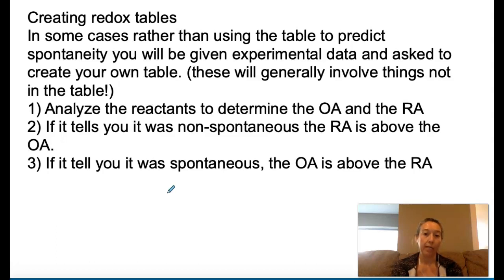And in turning into that, did it gain electrons or did it lose electrons? From that decision, I can then decide if it was an oxidation or a reduction half reaction. Once I know that, then I can decide OA or RA. So a little bit more challenging because there is a lot of pieces to that puzzle, which is why I was kind of saying in that first video, really important to make sure you can recognize oxidation, reduction, OA, and RA.